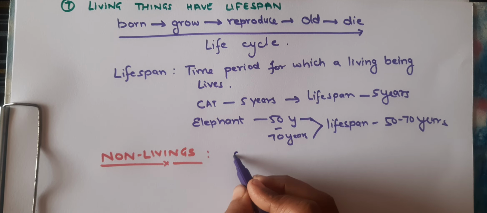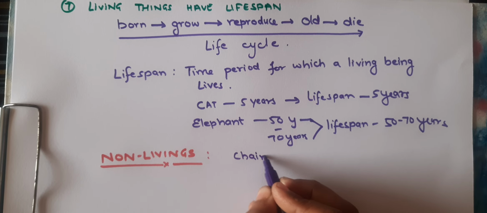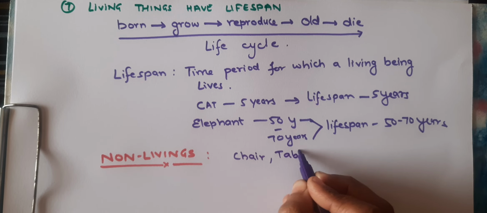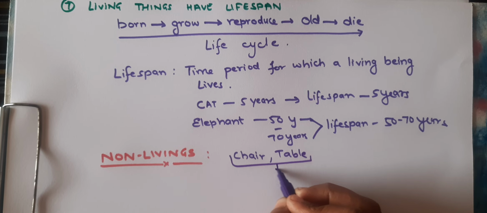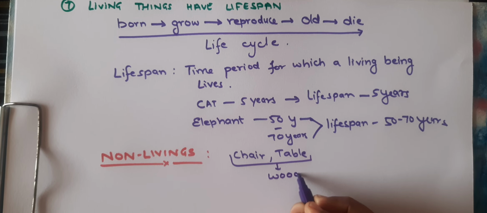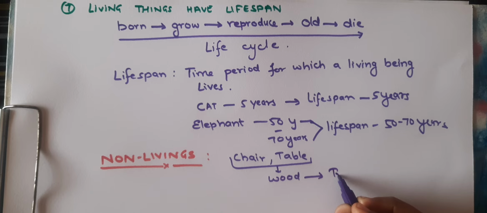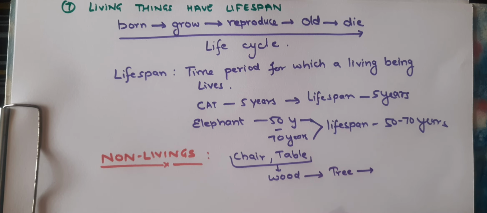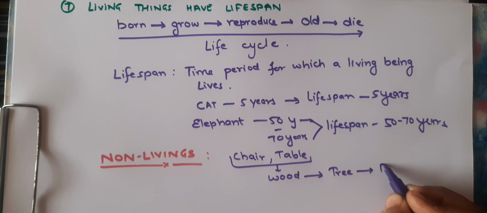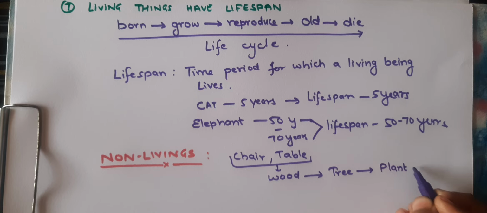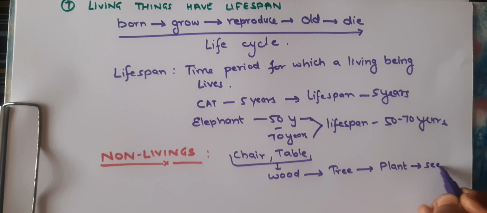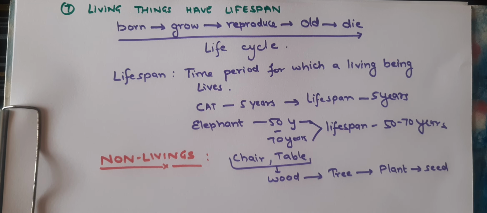For example, the chair and table furniture are made of wood. And where do we get the wood? From the tree. And the tree comes from the plant, which comes from seeds, stems, or roots.